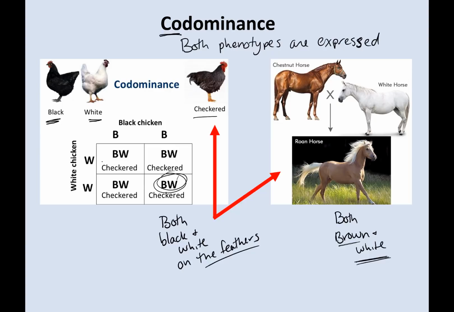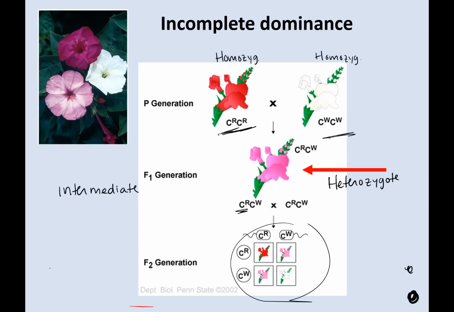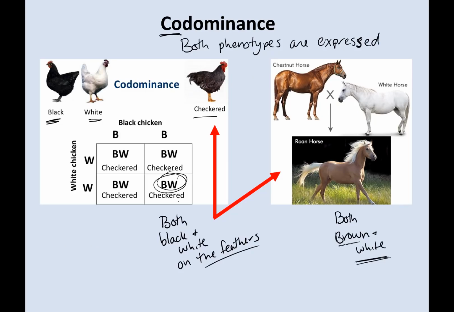And you notice that we can represent them differently. So sometimes we put a superscript that represents the two homozygous phenotypes. Sometimes we just use both capital letters because they're both dominant. Okay. Don't use big B little b and say that big B little b is checkered, because this indicates complete dominance.